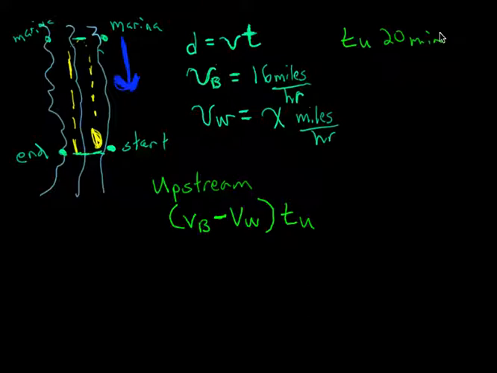And the time it takes to go downstream, give it a little d here, is 15 minutes. So this equals the first distance. From the start to the marina, we get the boat traveling against the water. The water is slowing it down. It's subtracting from its velocity, times the time it takes to get there.